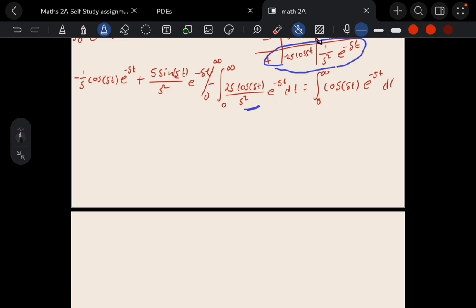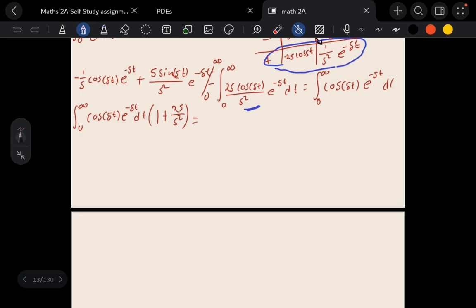So if you do that, I'm going to have an integral from 0 to infinity of cos 5t e to the power negative st dt times bracket 1 plus 25 over s squared, is equal to, when you substitute infinity here, this thing is 0, but when you substitute 0 in here, the only thing that is going to be left is just 1 over s.